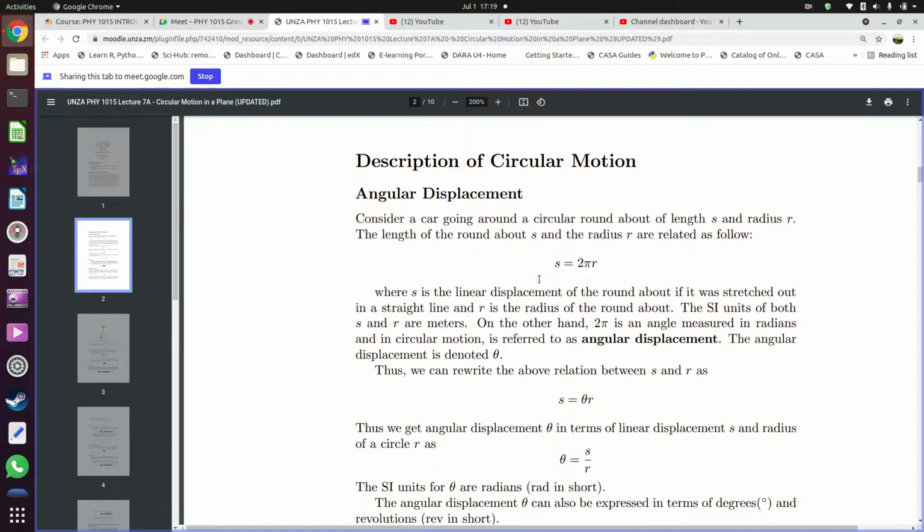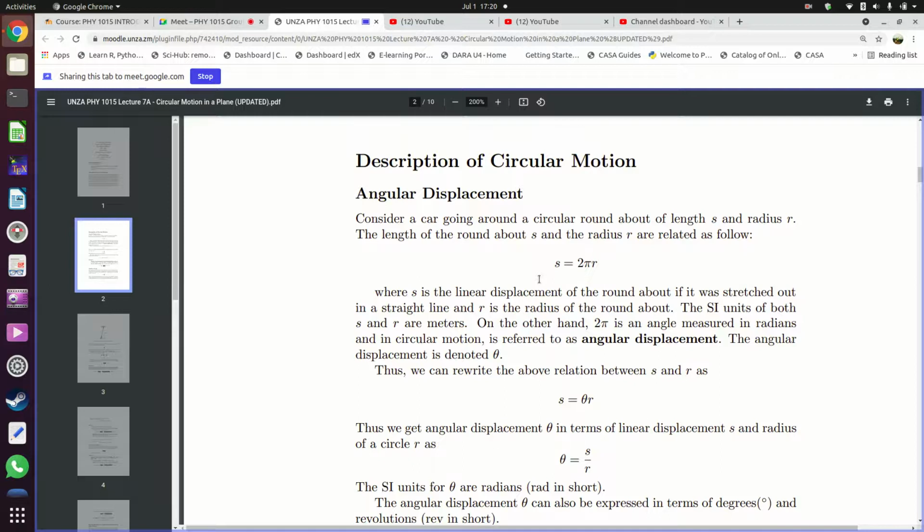What we are trying to say here is that it is possible for you to measure distance in terms of angles. For example, 20 degrees, 30 degrees, 45 degrees, 60 degrees, 90 degrees, 180 degrees, 270 degrees, or 360 degrees.